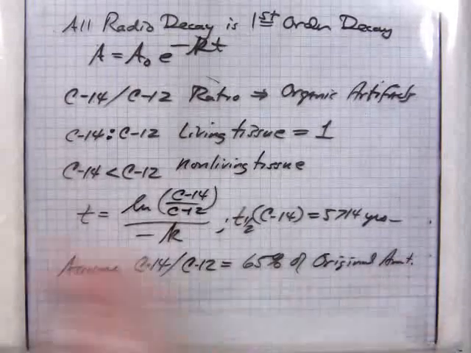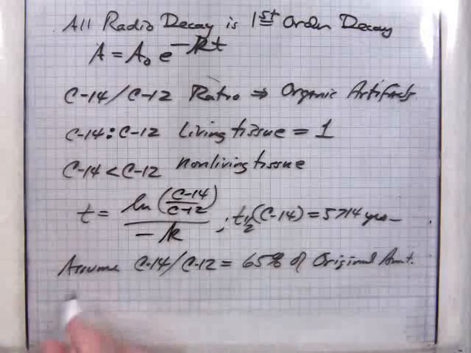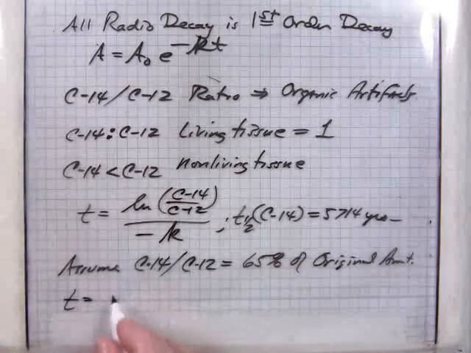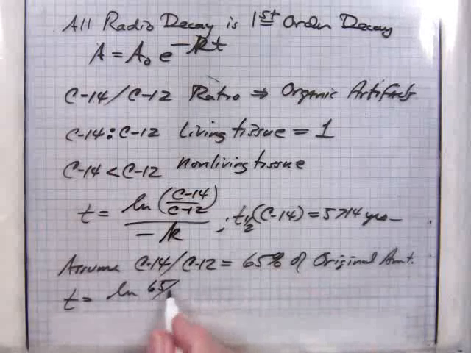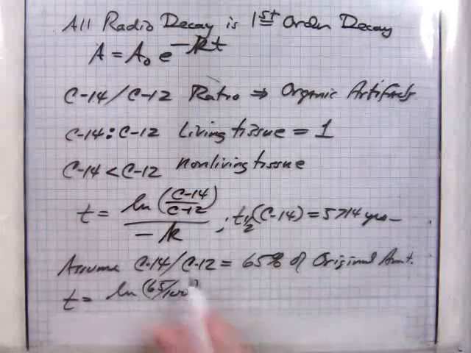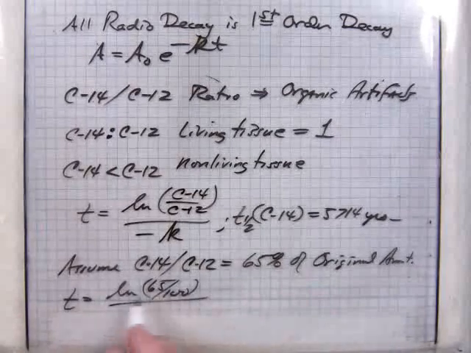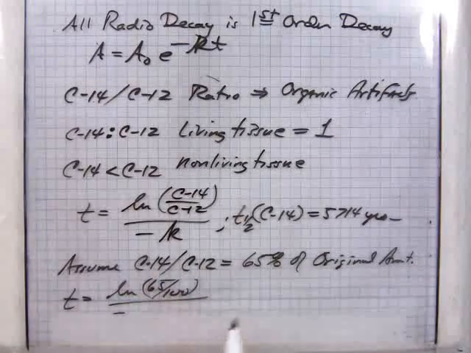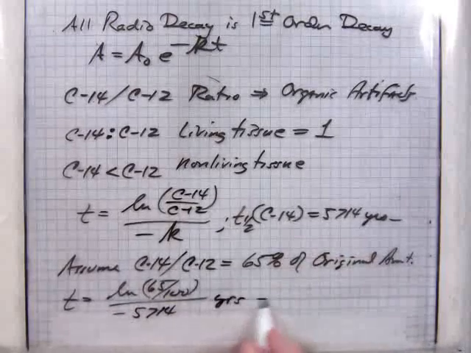That is, you are reduced by a matter of 100 minus 65. So the age would be ln 65 over 100. See, 100 would be the total amount. And minus 57.14, it all comes out in years.